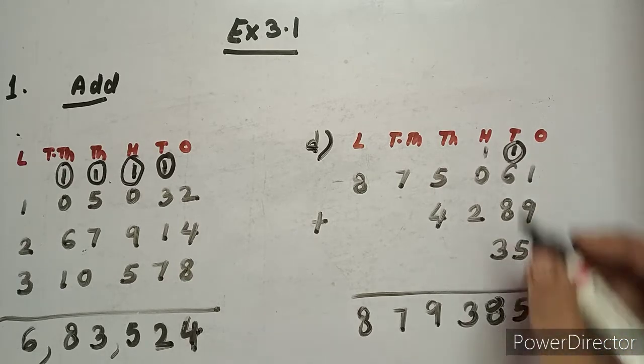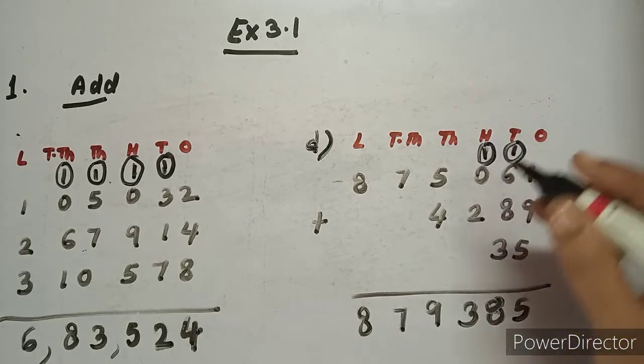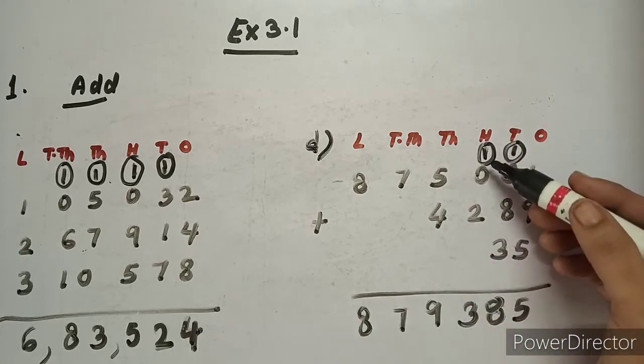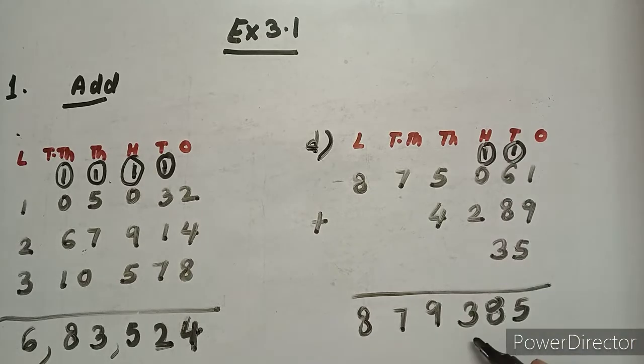So 8 down and 1 up, and you have 1 plus 2 as 3. Then here you get the number 3, that is why you are not carrying anything.